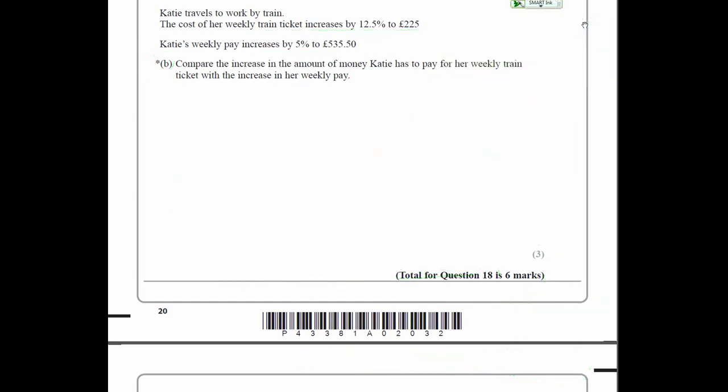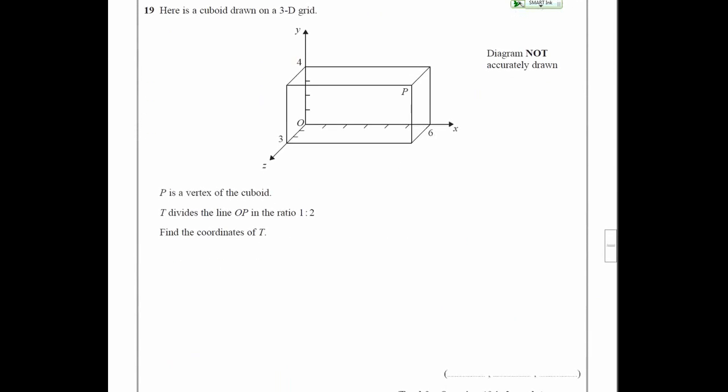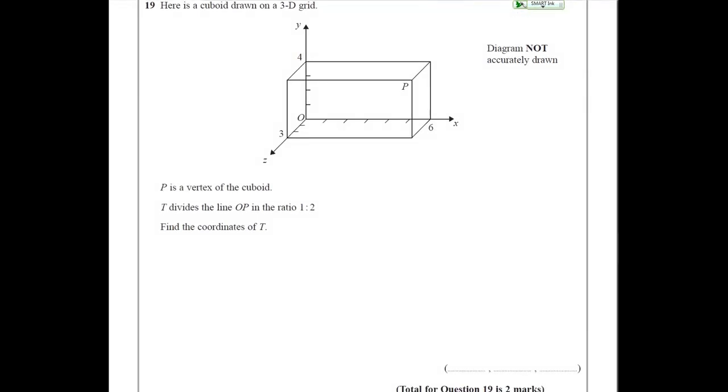Okay, question 19. Here's a cuboid drawn on a 3D grid. As well as X and Y, we now come out of the page, if you imagine that. P is the vertex of the cuboid, which is just a posh word for corner. T divides the line OP, which goes from O to P, in the ratio 1 to 2.